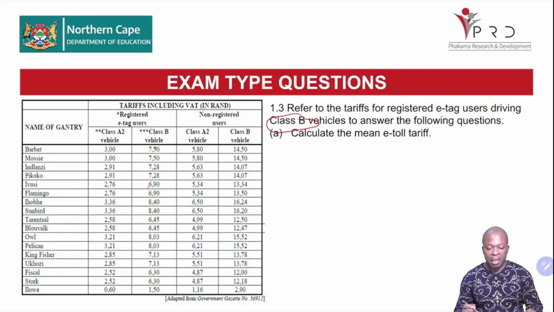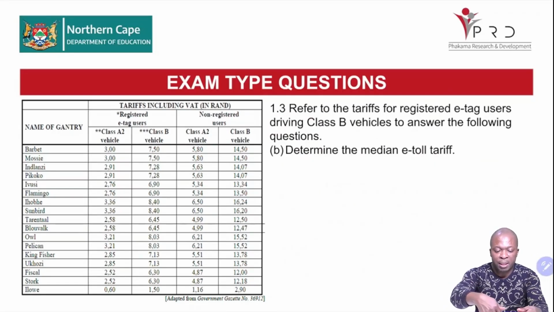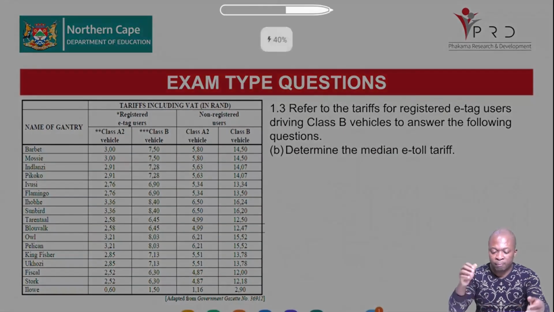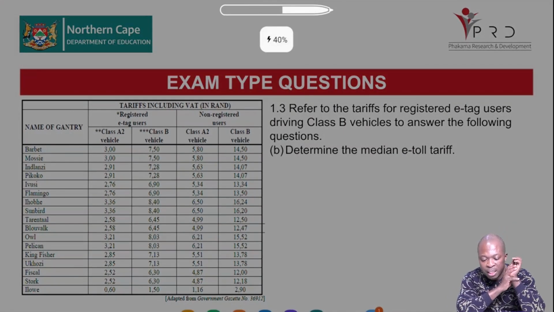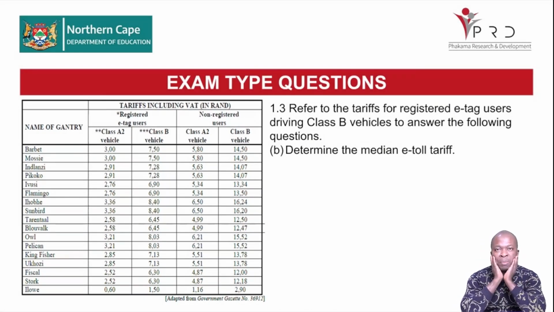So this time I am giving you a different question. Question 1.3b. It says, determine the median e-toll tariff. How do you find median again? Median is the middle value after arranging.